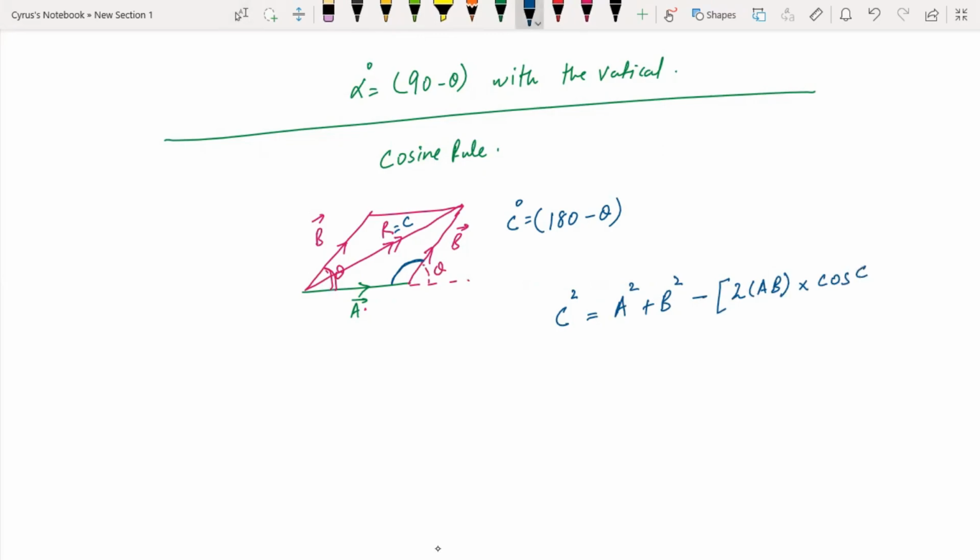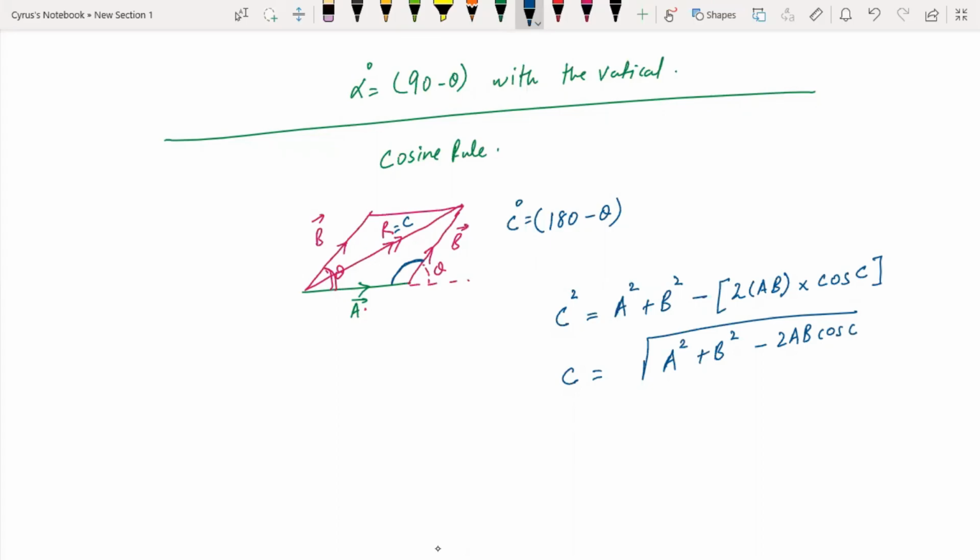That is going to be cos c. And what you can do is take the under root here. This is a square plus b square minus 2ab cosine of c, and you can find the answer for the resultant, right? This is what the cosine rule is.